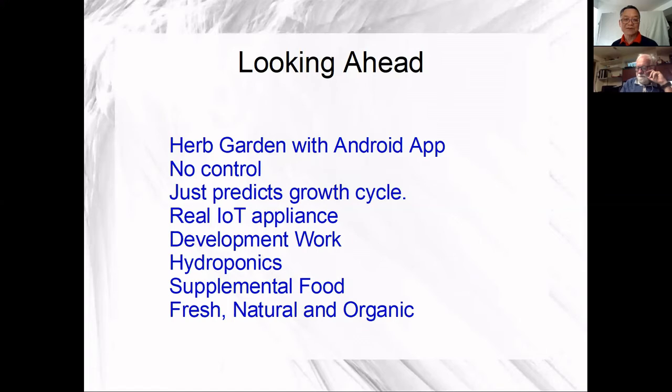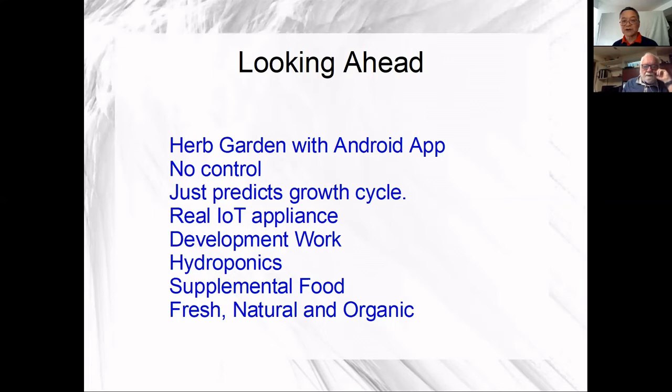I'd like to create a real Internet of Things appliance, where you could not only grow plants off the grid, but also estimate how much carbon dioxide you absorbed in a day. So there's a lot of development work still to be done.